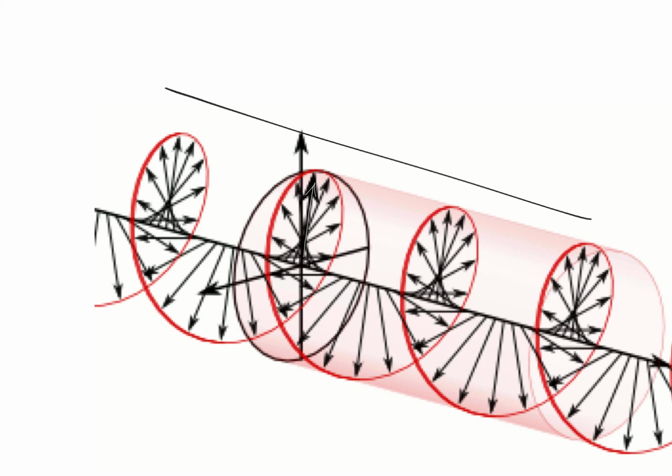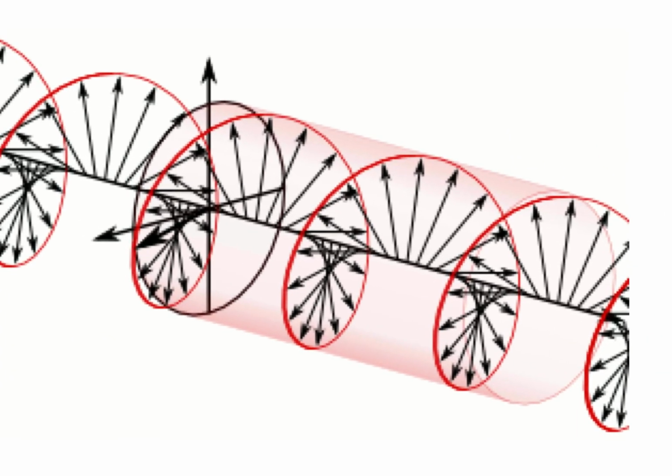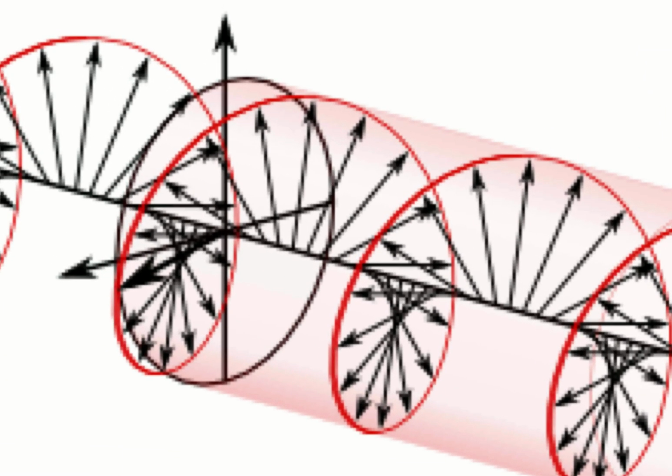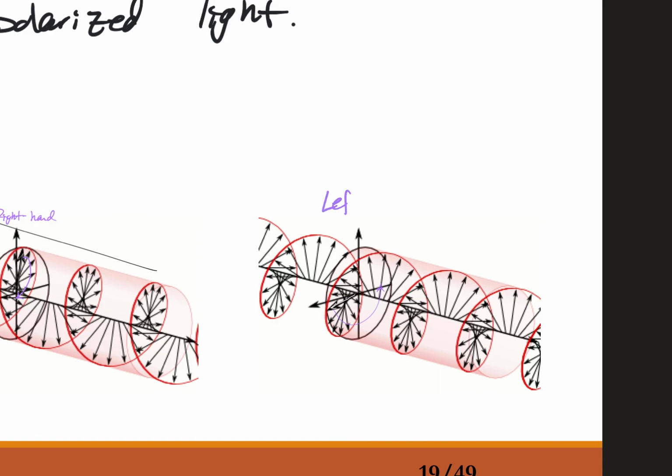And basically, you're seeing these helices moving to the right, and that arrow through that process is moving clockwise. So this is light that's moving in the right-hand direction because it's clockwise. In the other picture, the arrow is moving in the opposite direction, so it's moving counterclockwise, which is the left-hand direction.